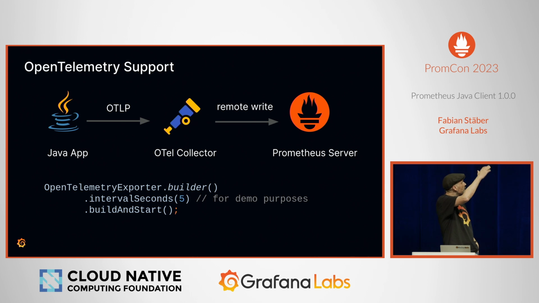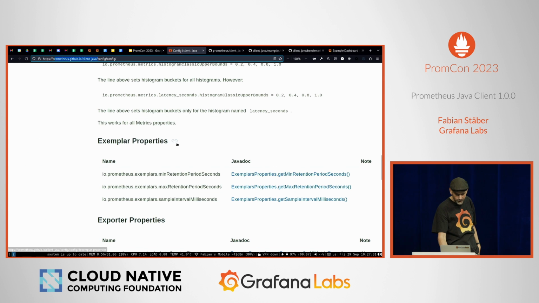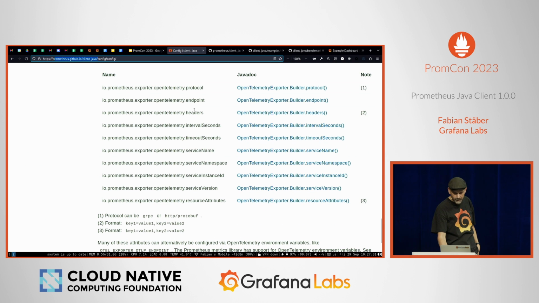Obviously, you can configure a whole lot of things here in this builder pattern. And of course, you can override all the configuration at runtime as well. If we get back to our documentation here, you see a couple of examples: which protocol to use, which endpoint to push to, custom HTTP headers in case you want to do HTTP authentication, and so forth.